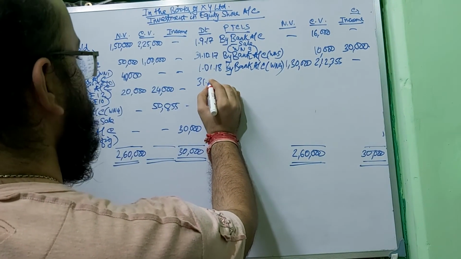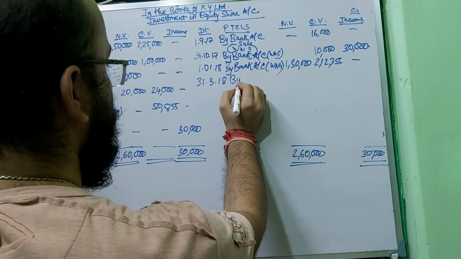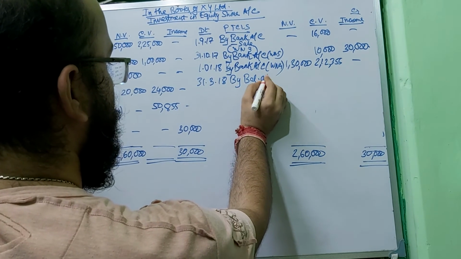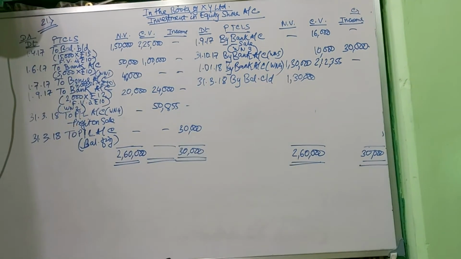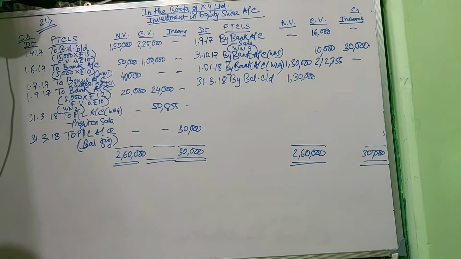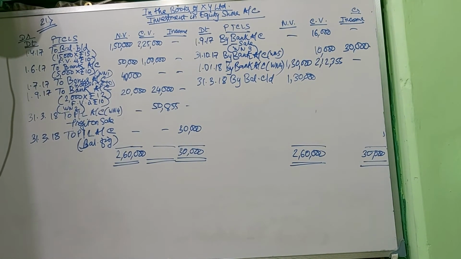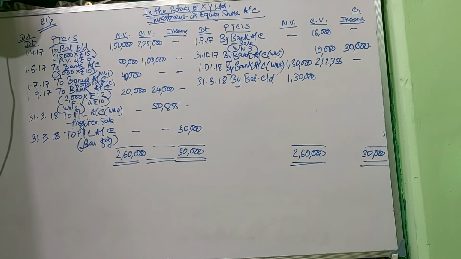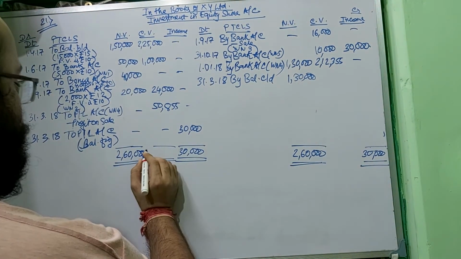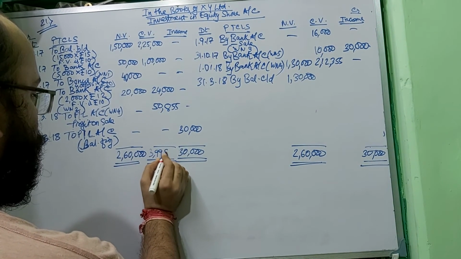Balancing figure will be by balance c/d 1 lakh 30, and this is, let me calculate, 3 lakh 25,000 plus 24,000 plus 50,855. 3 lakh 99,855.